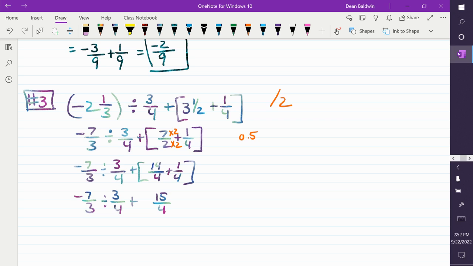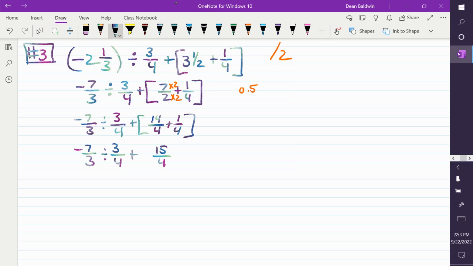We just did a quiz on this. Keep, change, flip. Keep the negative 7 over 3, change to a multiplication, and flip the last one, which becomes 4 over 3. 15 over 4 just kind of hangs out off to the side for now.